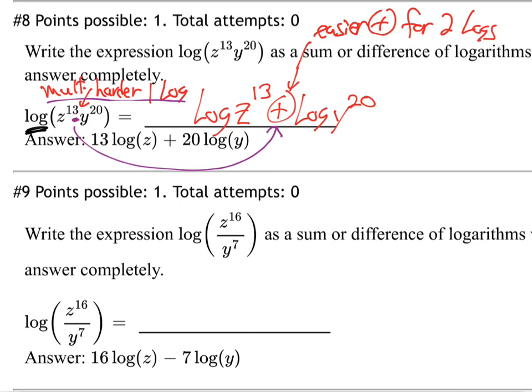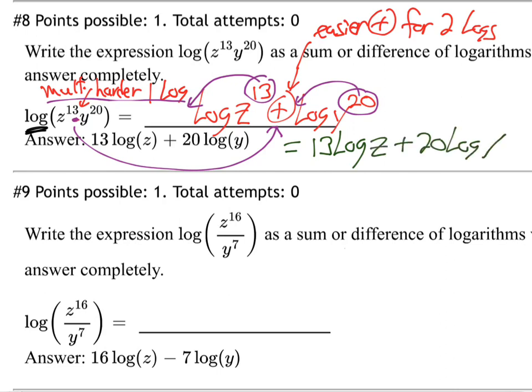Adding is an easier operation than multiplying. And then you know the deal, the powers come down to the front of whatever log they're on. So this will be 13 log z plus 20 log y. There we go. Just like that.